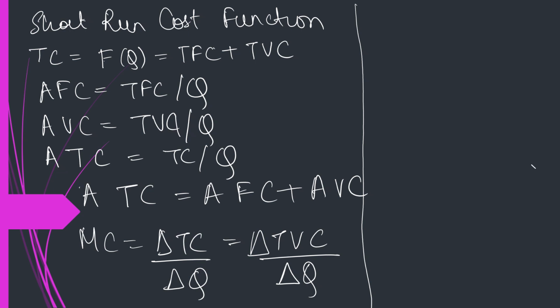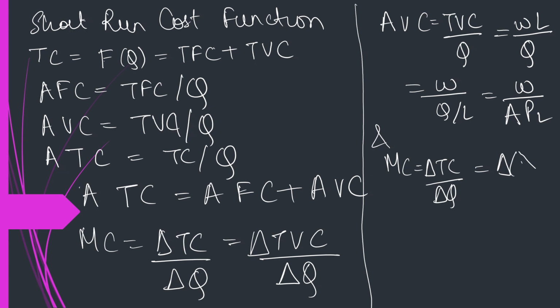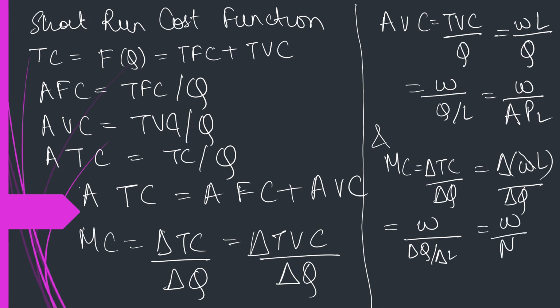So now average variable cost we wrote as TVC upon Q. We can also write variable cost as W into L upon Q. Then we can write this as W upon Q by L, so W upon APL. And also marginal cost, delta TC by delta Q, can be written as delta WL upon delta Q. W can come outside, delta L by delta Q, which is equal to W upon MPL.